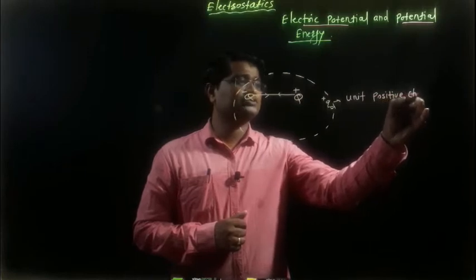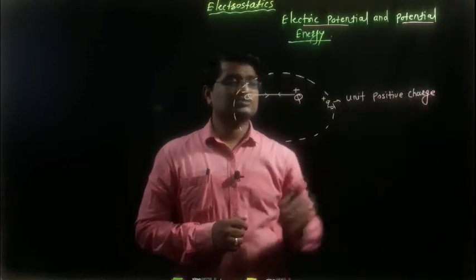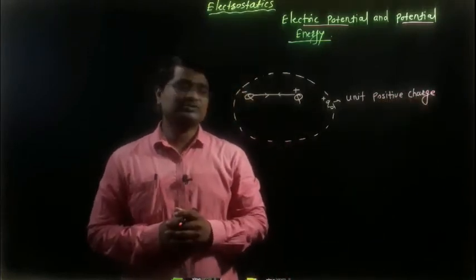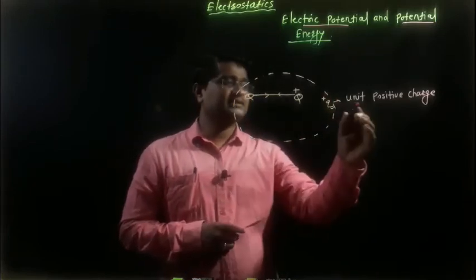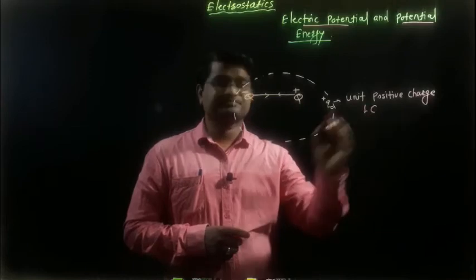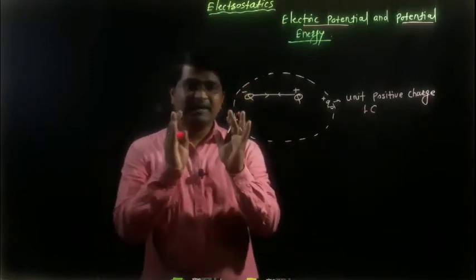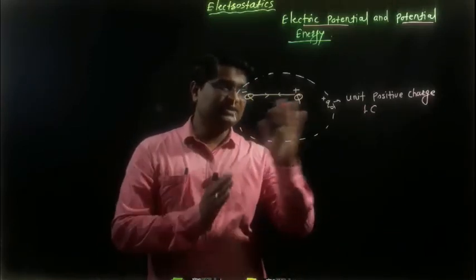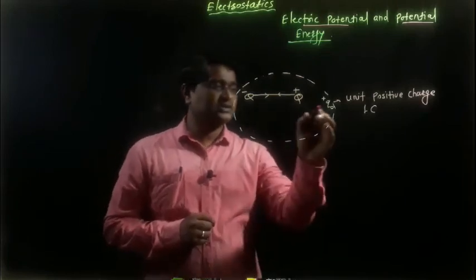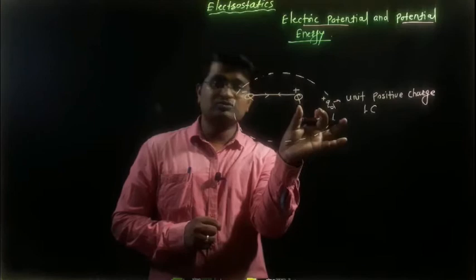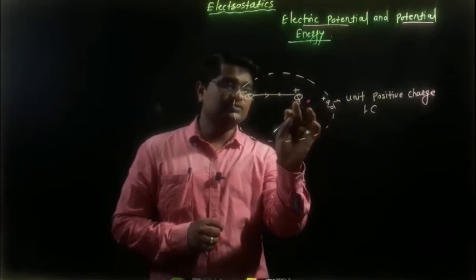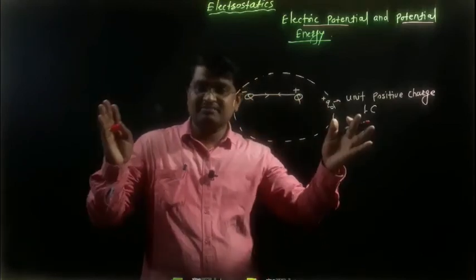Why do we take the unit positive charge? Because it is a very small charge, like 1 coulomb. Now this positive and that positive are two like charges, and according to Coulomb's force, these two like charges repel together.